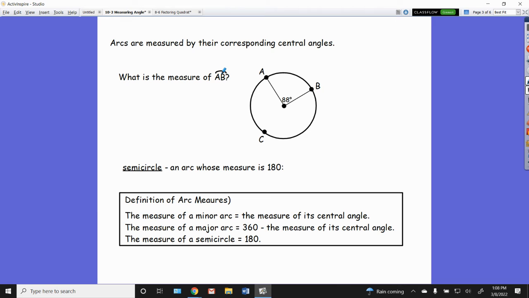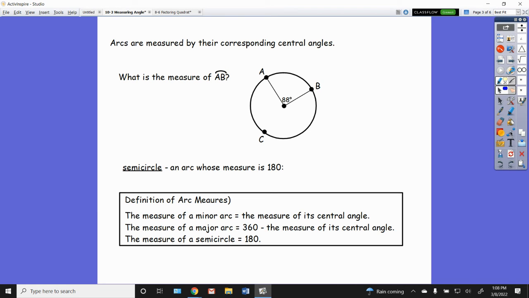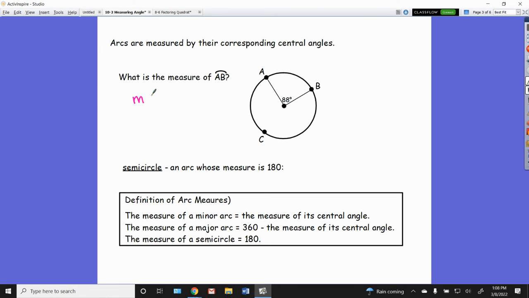So when I'm talking about the measure of an arc, just like for the measure of an angle, I have to write a little m in front of it to let you know that I'm not talking about the length of that arc. I'm talking about the degrees. So the measure of arc AB is going to be the exact same as whatever my central angle is.